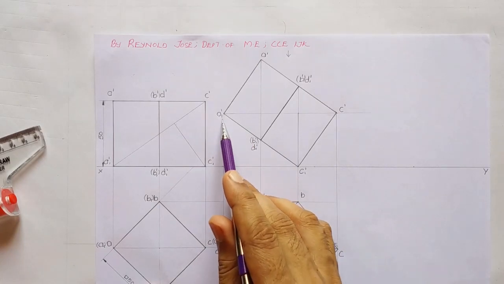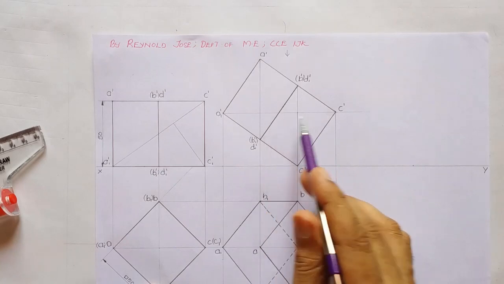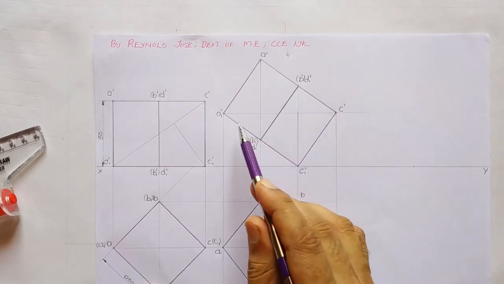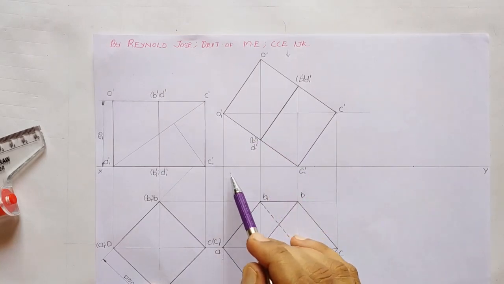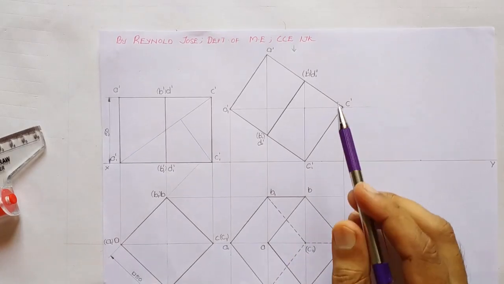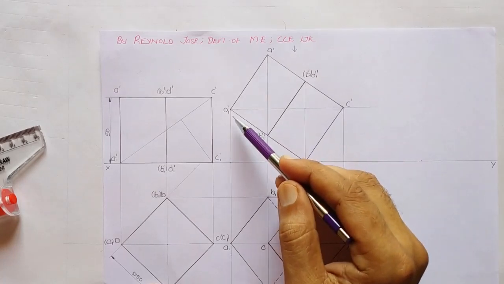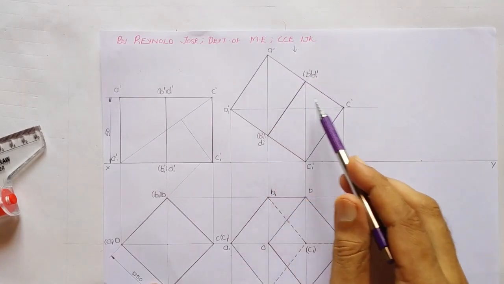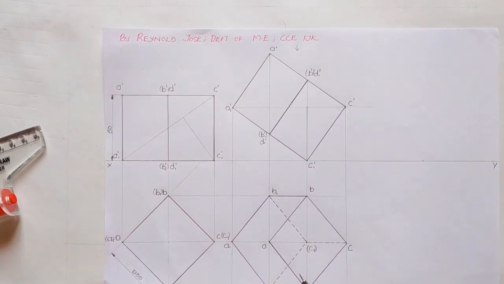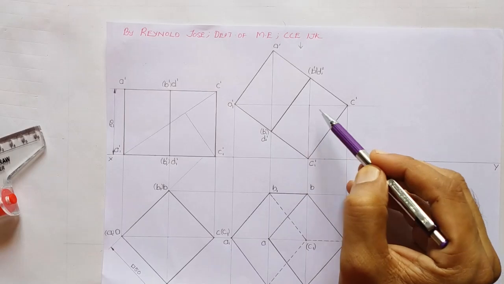Here A1 dash, C1 dash, this is a straight line, and below this straight line the edges and corners which are nearer to the XY line, they may be invisible in the top view, but all the edges and corners which are above A1 dash and C1 dash, most probably they will be visible in the top view. So A1 is above this straight line.